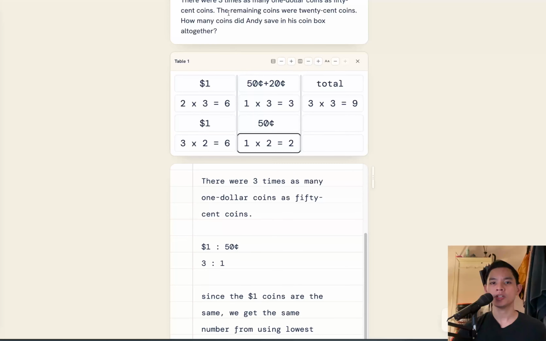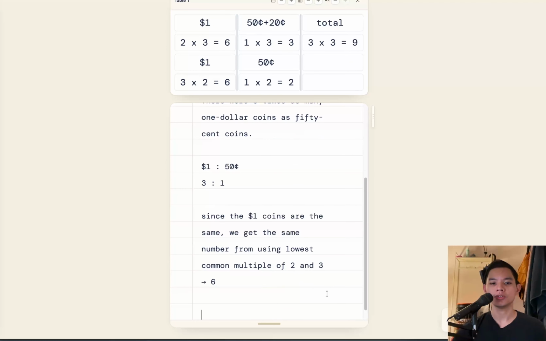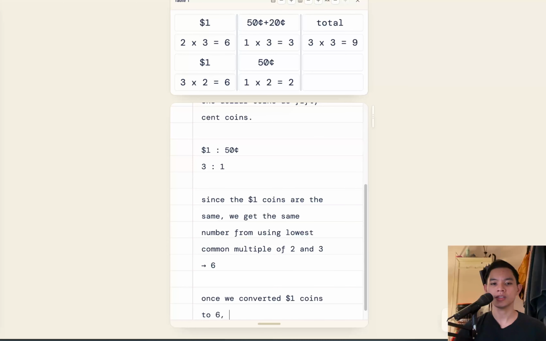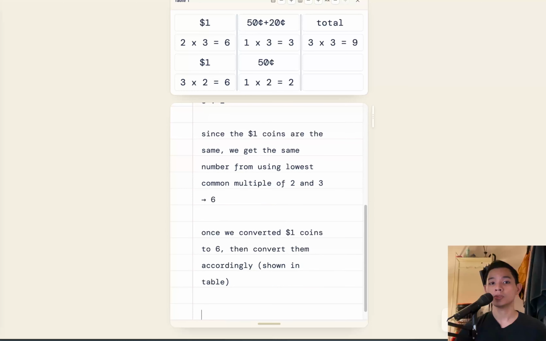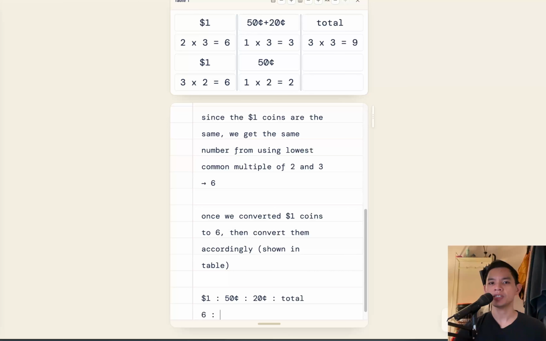So how many coins did Andy save in his coin box? Once converted, $1 coins is 6, then convert them accordingly in the table. So $1 is to 50 cents, is to 20 cents, and then to total. $1 is 6, 50 cents is 2, and 20 cents we don't know, but we know the total is 9 units, which means 20 cents is 1 unit.